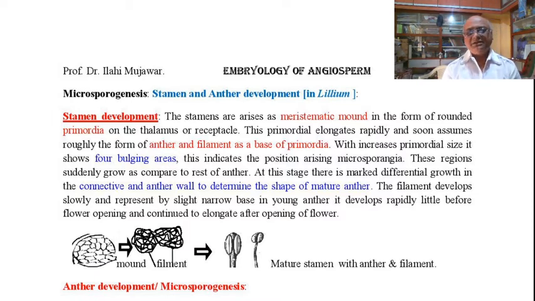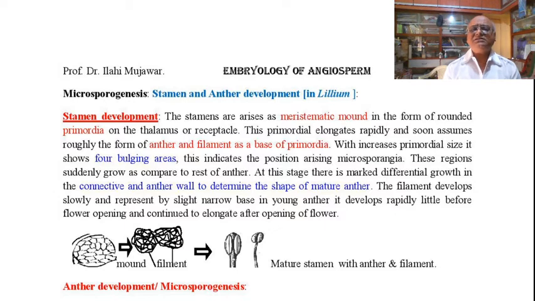Morphologically, the relation between the connective and the anther lobe is very different. As in the primitive case, it is adnate type. If it is attached to the base, it is called the basifixed anther; at the dorsal side it is called dorsifixed.